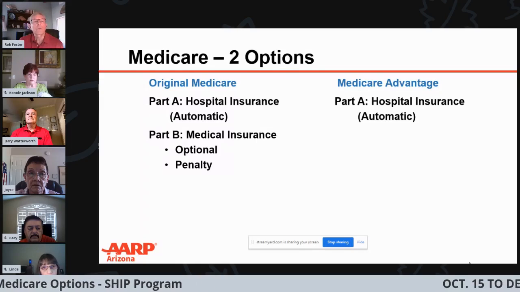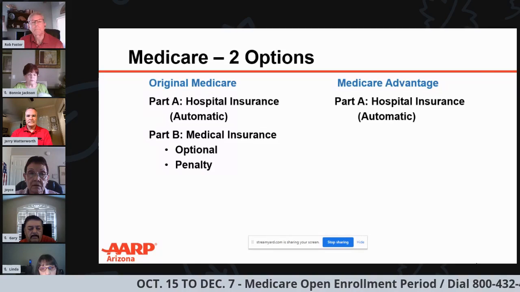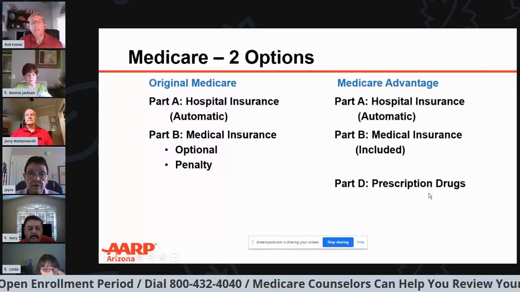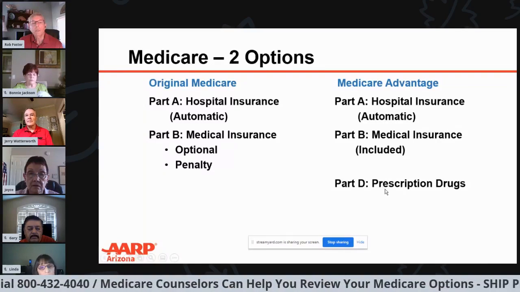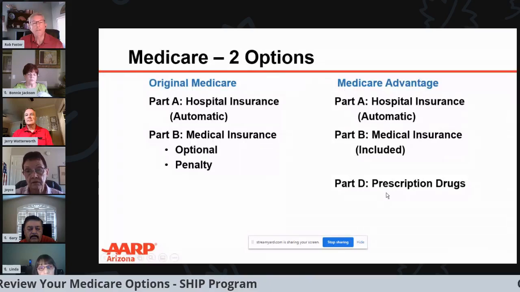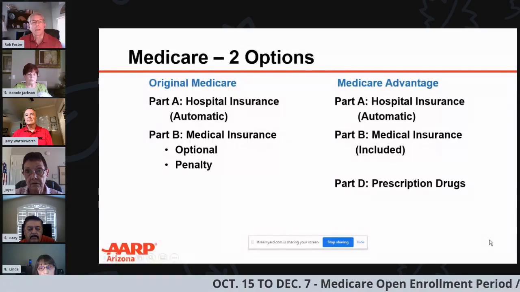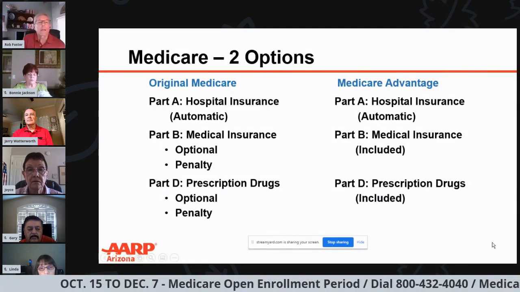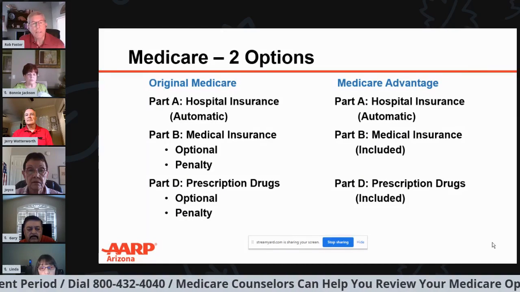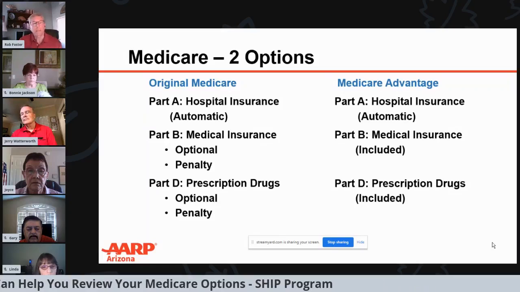Unfortunately, if you decide later on you would like Part B, there will be a penalty. Medicare Advantage has Part B, which is included, and also Part D, which includes prescription drugs, and the same with Original Medicare. Again, this coverage is optional, but if you delay, there will be a penalty.